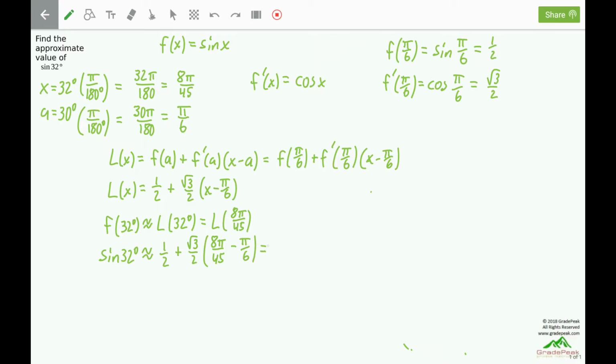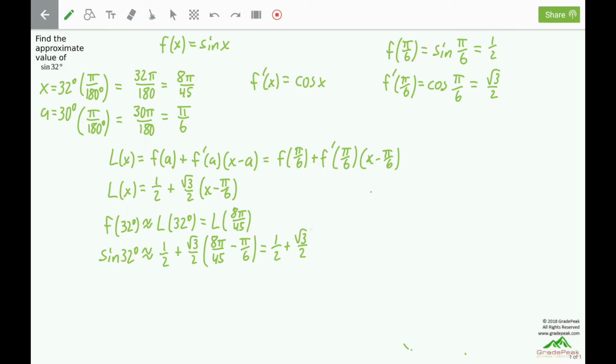which is equal to 1/2 plus root 3 over 2 times, we need a common denominator between 45 and 6.